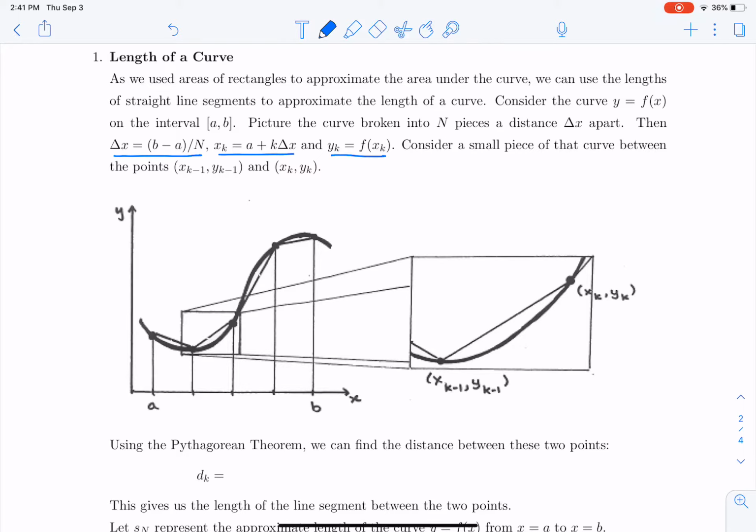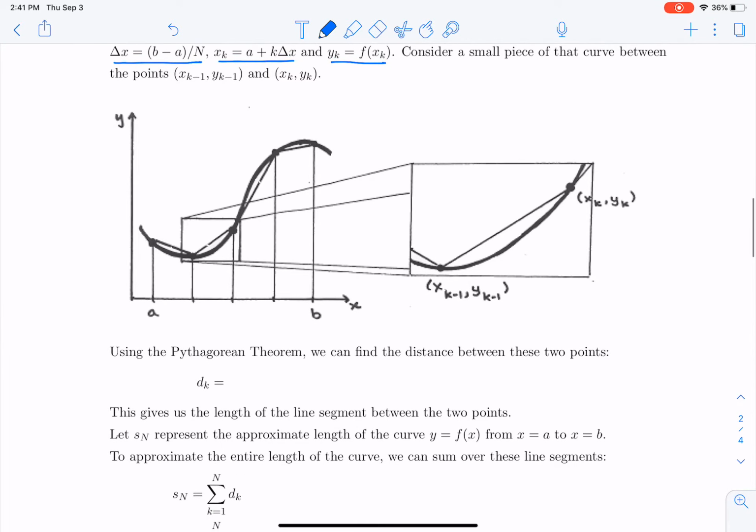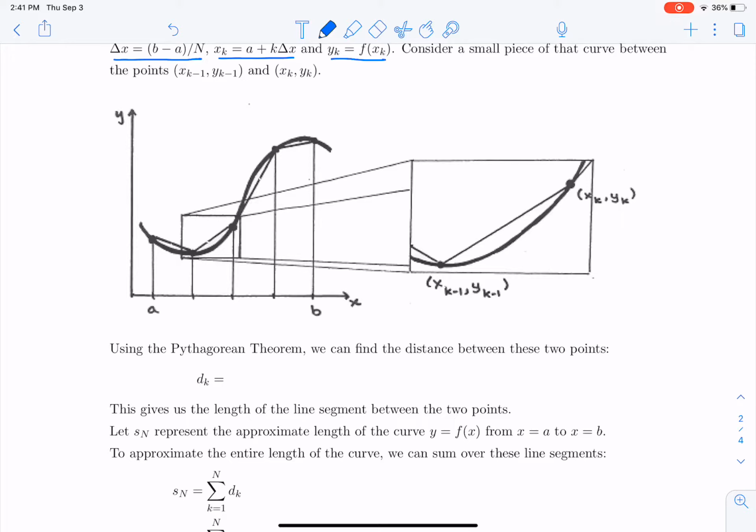So what I want to do is zoom in around here and look at one of those line segments. If we zoom in, we can actually find the distance between these 2 points. The way we do that is to use the Pythagorean theorem.